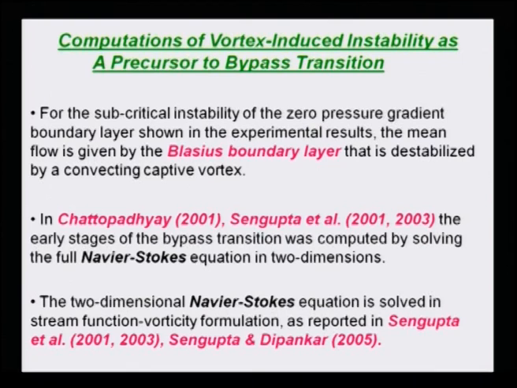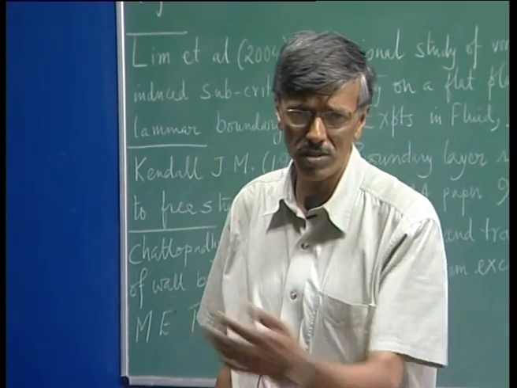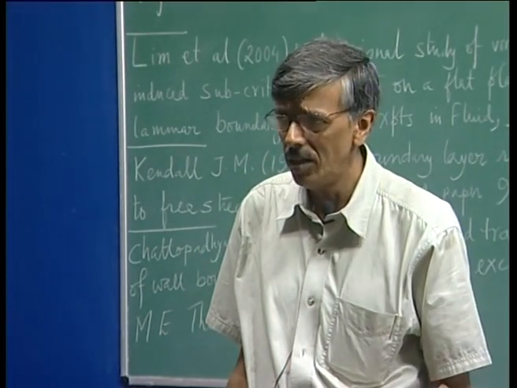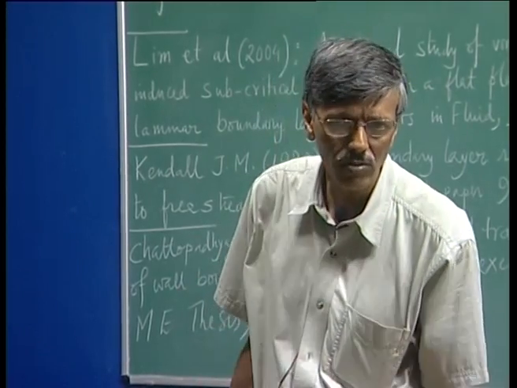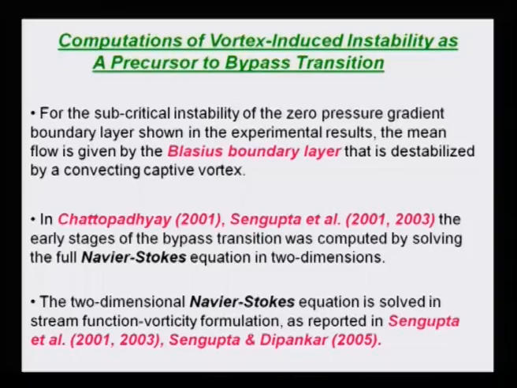And these are the references that we have talked about. We did compute the early stages of bypass transition, because we are solving the 2D Navier-Stokes equation. Once spanwise mixing starts occurring, your results would not be really very relevant. So, that is what we do, solve the 2D Navier-Stokes equation to predict the early stages to understand the mechanism.